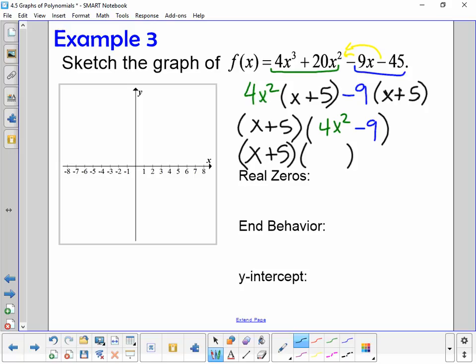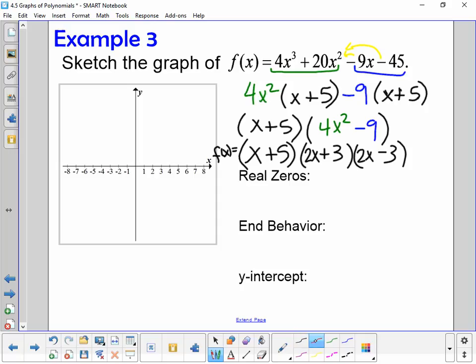It's just a little linear factor, but 4x squared minus 9 can be factored just a little bit more. It has a lot of perfect squares. 4 is a perfect square, 9 is a perfect square, so we can factor it as 2x plus 3 and 2x minus 3. So there's our function in intercept form.